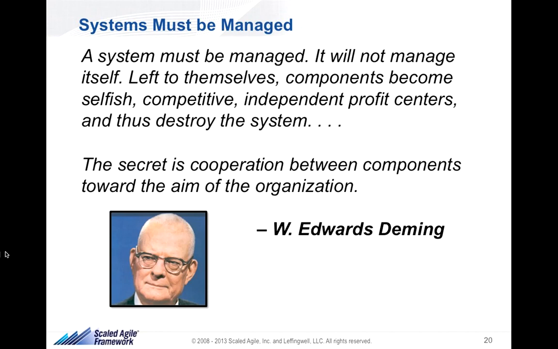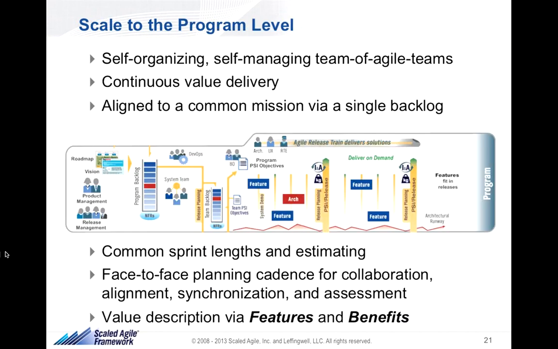So the secret is cooperation between components towards the aim of the organization, and therefore the program requires a little extra thought. So the program, I used to have a slide in here which I've taken out that just illustrated that the program has exactly the same pattern as a sprint. A bunch of teams plan together, commit together, execute together, and inspect and adapt together.